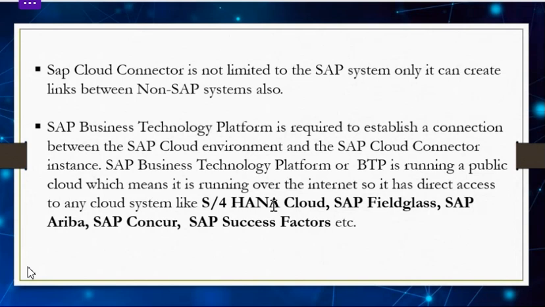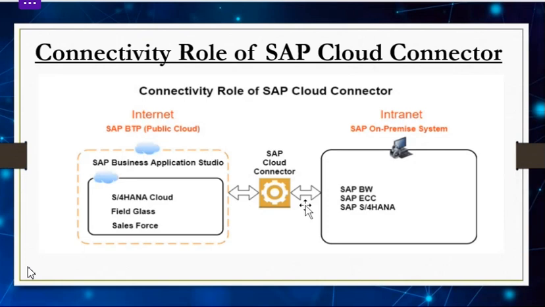Generally, we cannot recommend exposing our critical operational system to the internet. So how can Cloud Connector allow communication from SAP Cloud products without exposing my system to the internet? We will show this in the next slide.